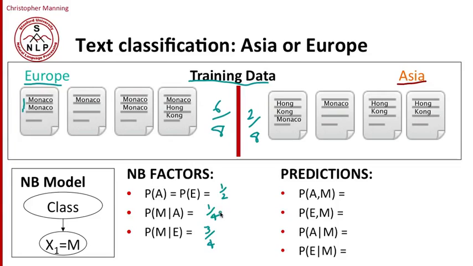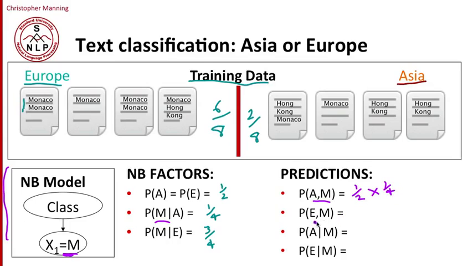Now let's suppose we've built our naive Bayes model and we're going to classify a document. Here's our picture of the naive Bayes model, and for this particular document the only word from our vocabulary that appears in it is Monaco, once. So what does our model predict? For the joint probability of Asia and Monaco, we've got the prior probability of Asia, a half, times the probability of Monaco given Asia, which is 1/4.